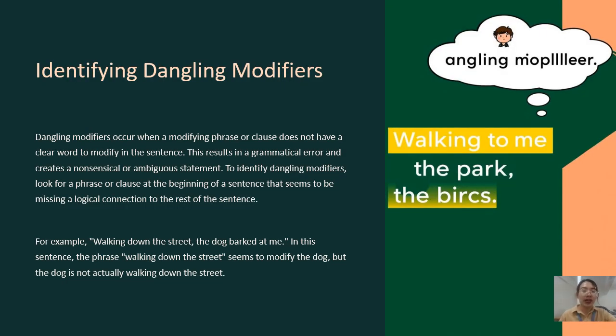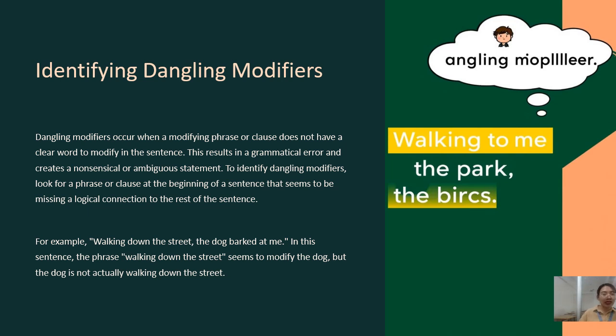The next one we have is identifying dangling modifiers. Let's read together. Dangling modifiers occur when a modifying phrase or clause does not have a clear word to modify in the sentence. This results in a grammatical error and creates a nonsensical or ambiguous statement.